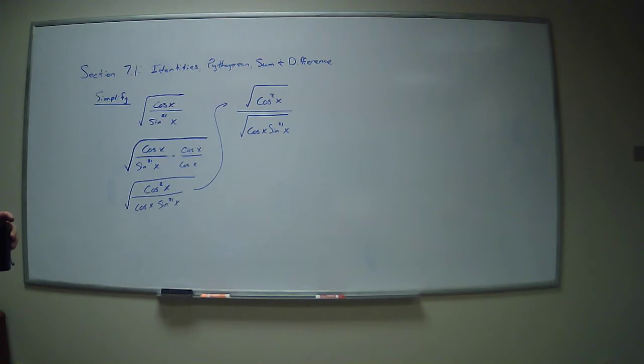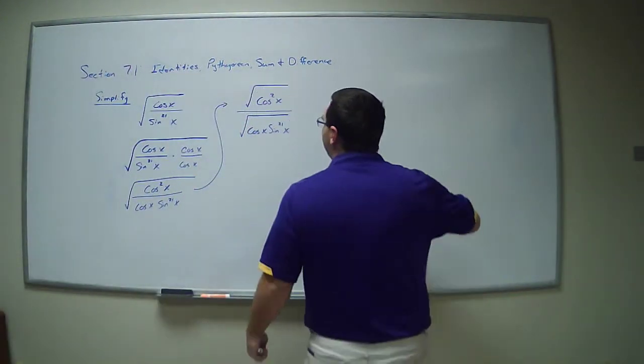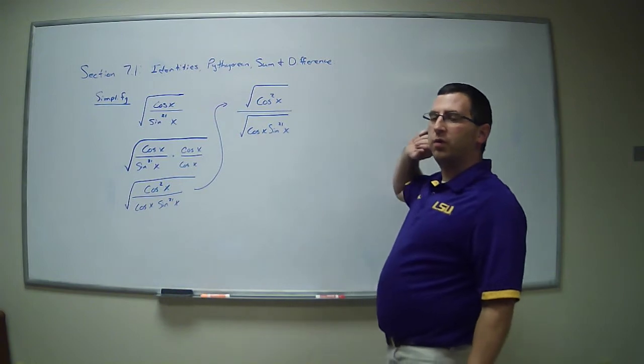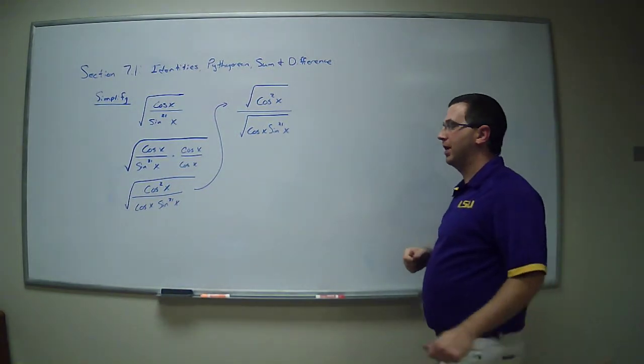Whew. Use a lot of algebra on this one. Now, specifically, when we broke up the square root of this fraction, that's what we call the quotient rule of radicals. So square root of the top over the square root of the bottom.